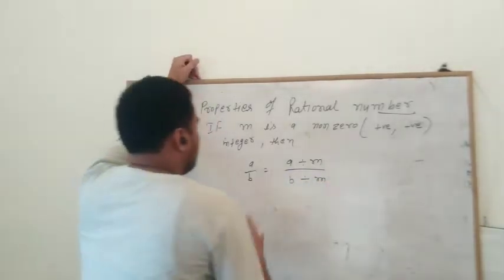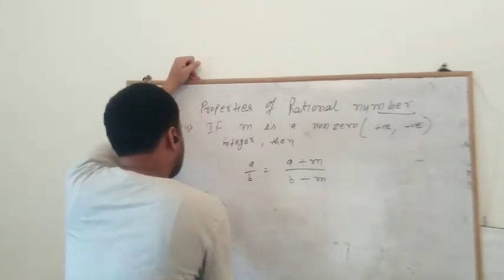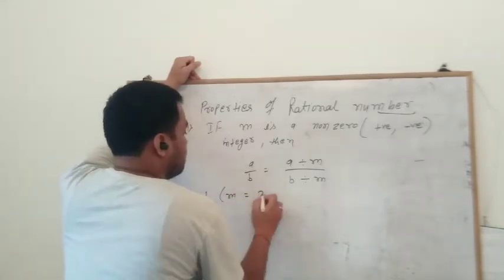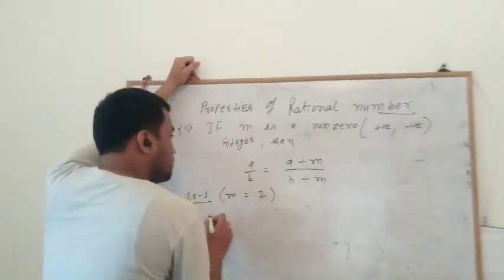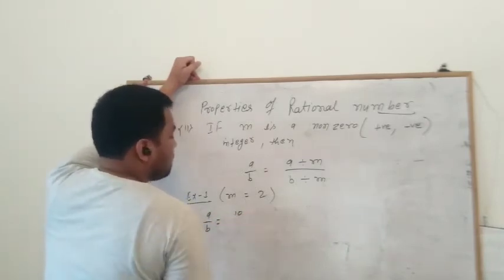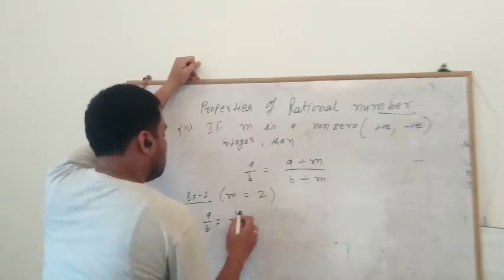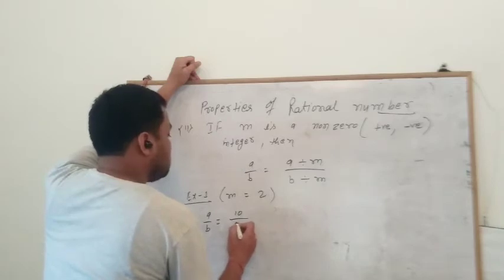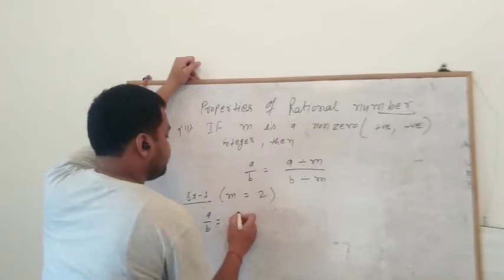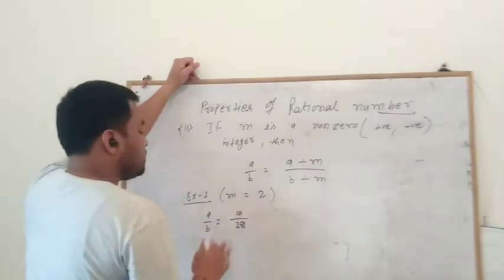Okay, so let's consider one example again. Example 1, with a positive integer, let's consider here m is equal to 2. Consider a by b is equal to 10 by 28.